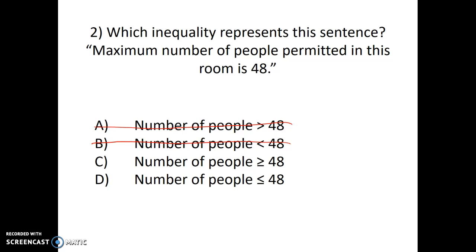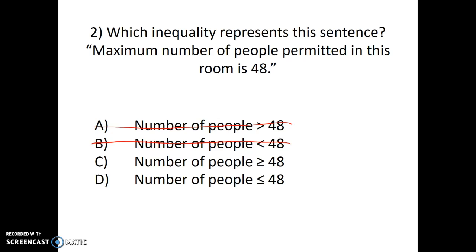So if the maximum, the biggest number, the most number of people permitted in this room is 48, what are some other numbers of people that can be in the room? Well, ask yourself, can 47 people be in the room? Yes, because the most people we can have is 48.